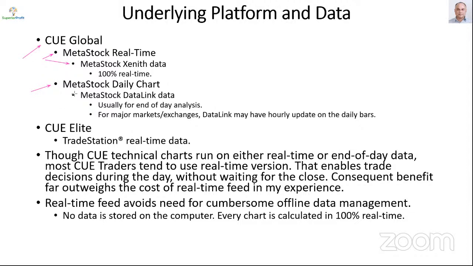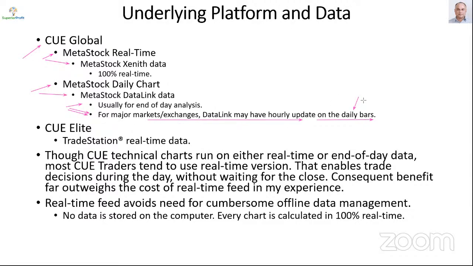Q Global runs on daily chart also. That uses the end of day data link data, usually for end of day analysis. However, for some major markets and exchanges, data link may provide hourly update on the daily bars. It will not provide hourly bars or 5-minute bars, but it may provide hourly update on the daily bars. That is a feature of Metastock data link.